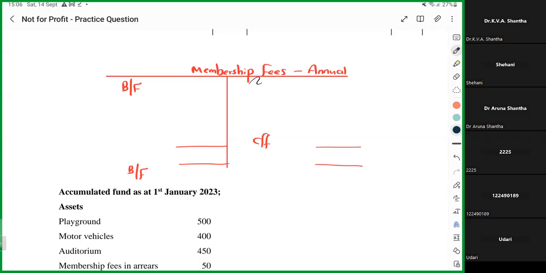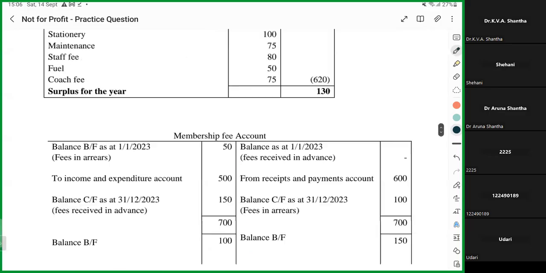So there should be a liability, so a credit balance. At the beginning there can be a credit balance. At the end there can be a credit balance. Now see whether you have those balances. Now you go through the question.